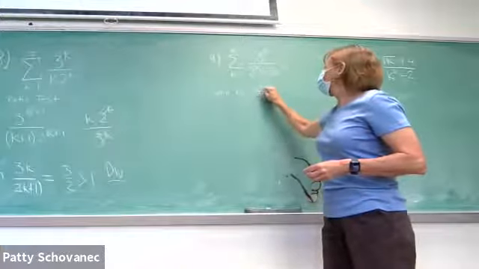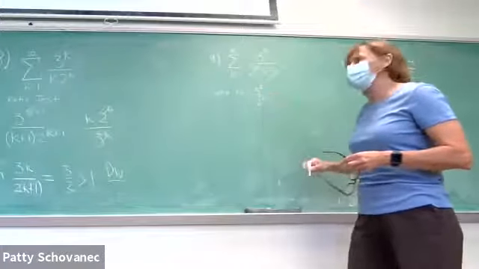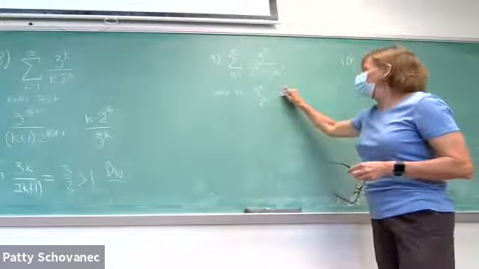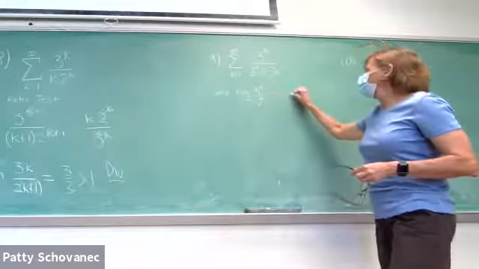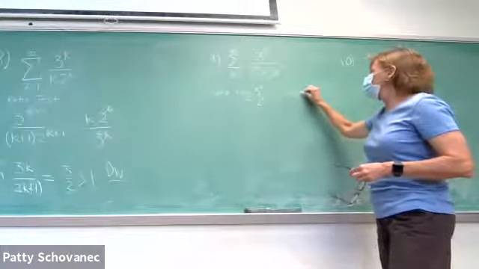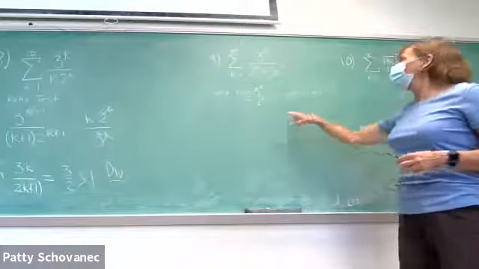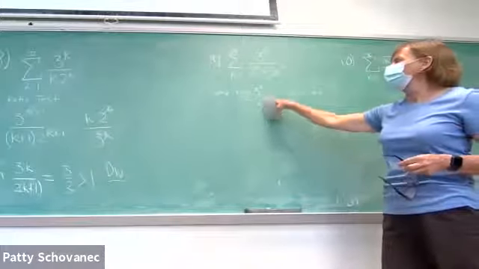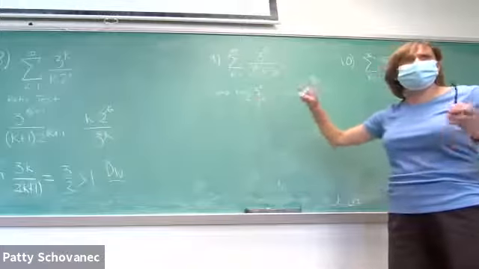Do 3 to the k over 2 to the k, which is a divergent geometric series. I've made this one bigger, so my series is smaller than a divergent series, so I can't use that.